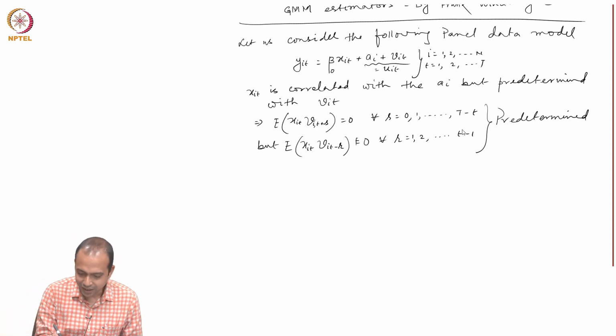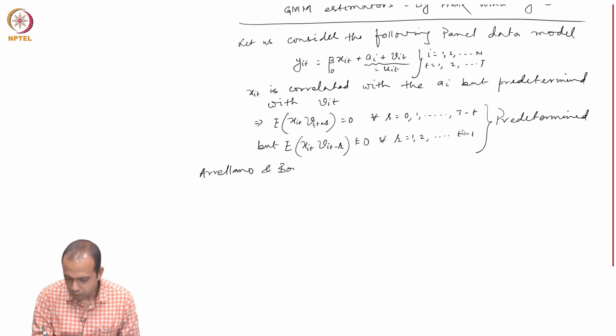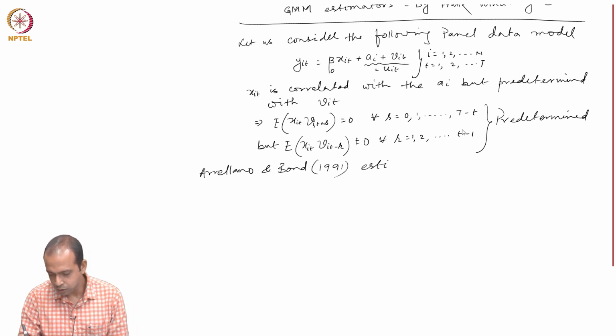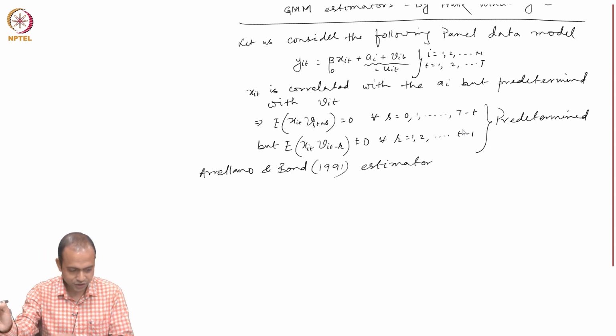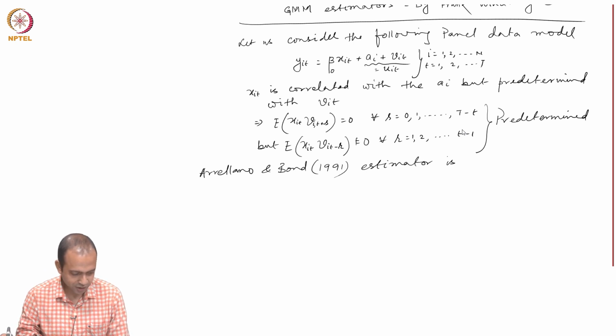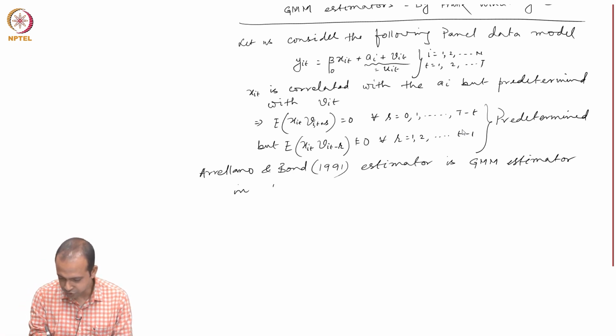Then the Arellano and Bond (1991) estimator is basically a GMM estimator in the first difference that we have already discussed.